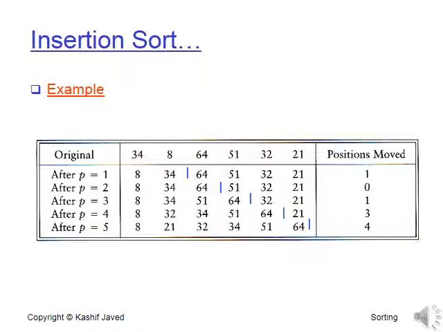Therefore, we need to swap again. 21 again less than 32. Therefore, we swap it again. Now, 21 is greater than 8. Therefore, we do not swap any further. Positions moved in this case will be 4. Basically, the way of working is to select, compare, and swap.